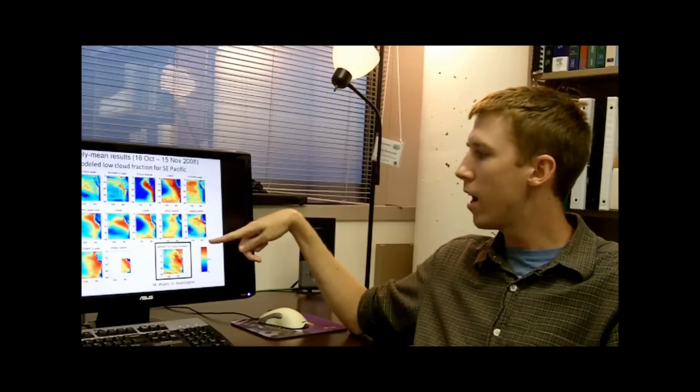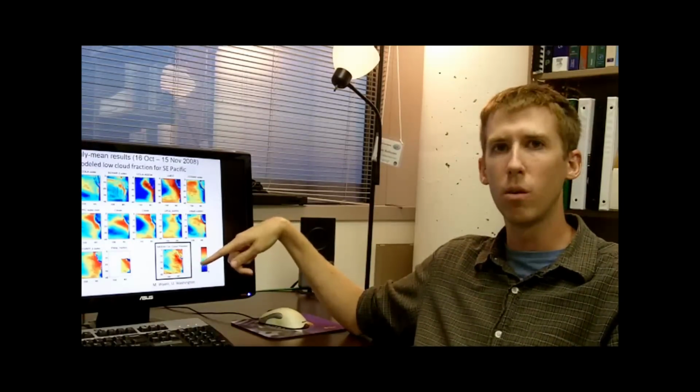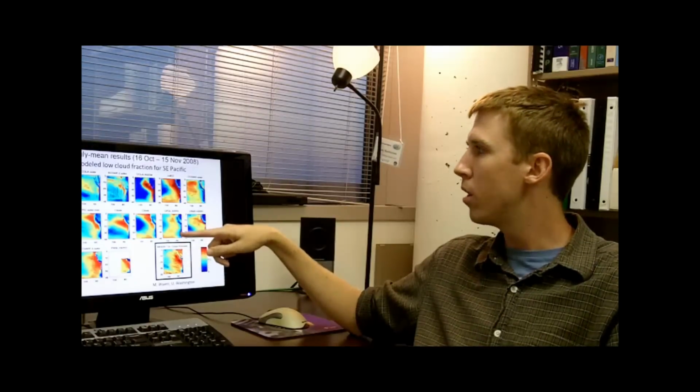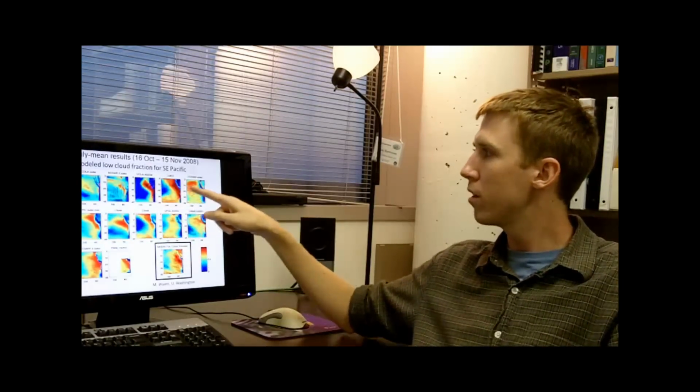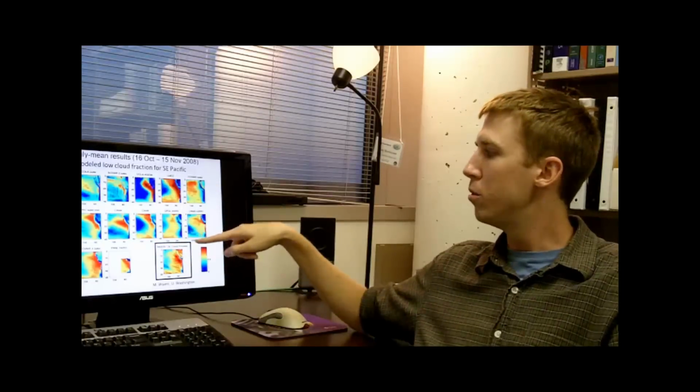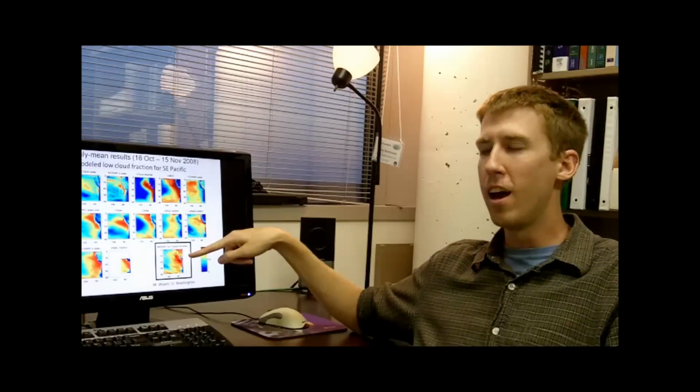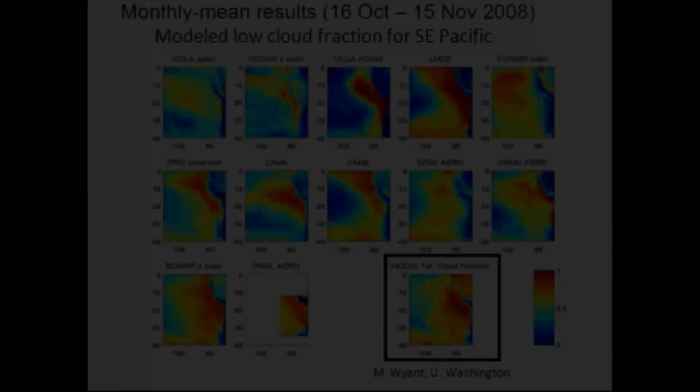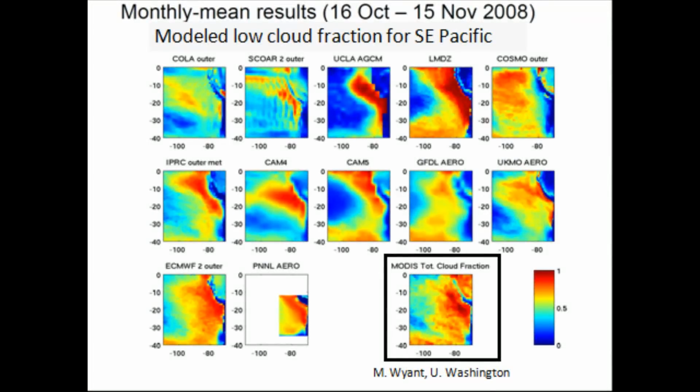Red colors means higher cloud fraction, cooler colors means lower cloud fraction. So if this is the truth, we can look at how all these different global climate models do trying to get this accurately, and you can see there's a lot of spread here. So our global climate models aren't capturing the cloud fraction correctly, so they're probably not getting the radiative impacts right either. Now there are a couple that do better jobs than others.